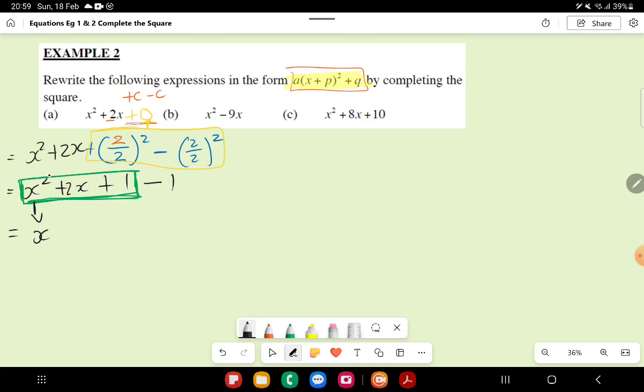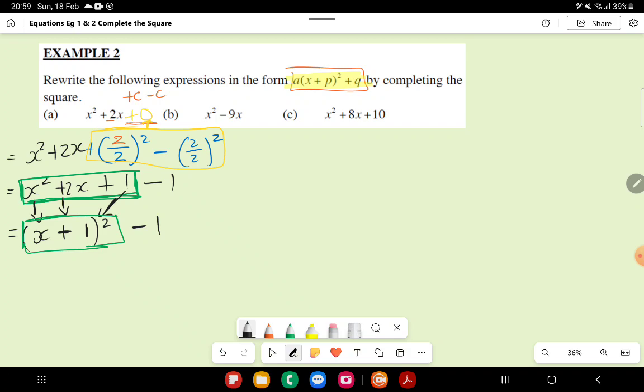So the square root of x squared is x. I bring down the sign, which is plus, and I bring down the square root of 1, which is 1, and I square it. x plus 1 squared is going to give me the green rectangle. And on the outside, I have minus 1. x squared plus 2x plus 1 is equal to x plus 1 squared minus 1.